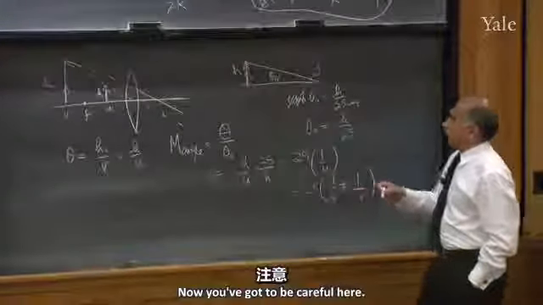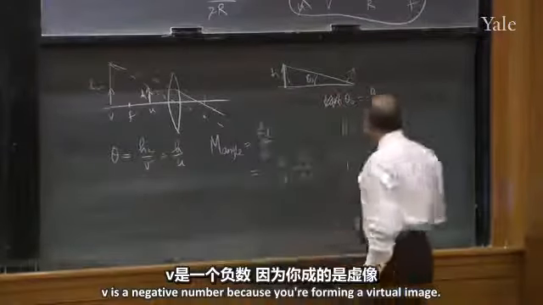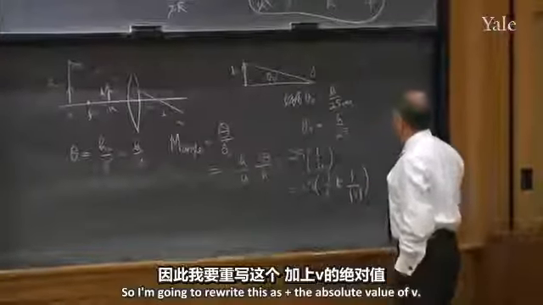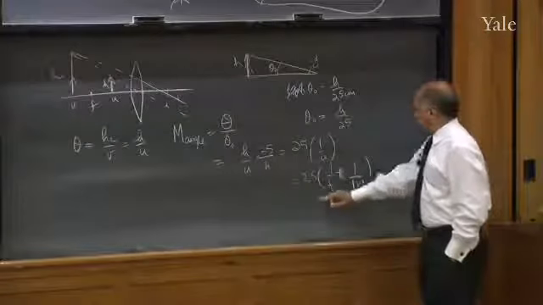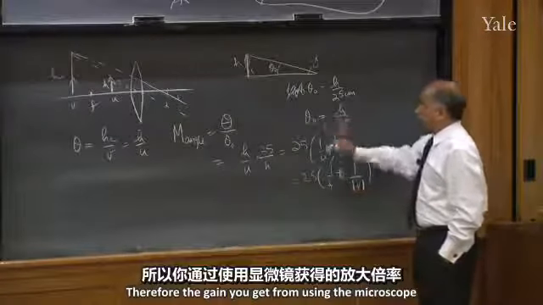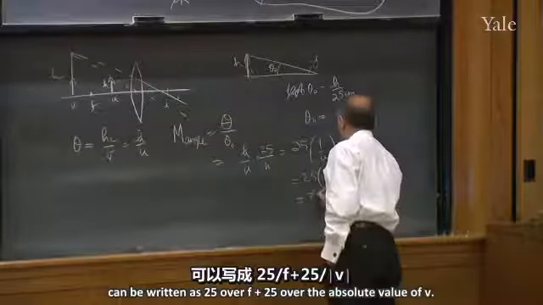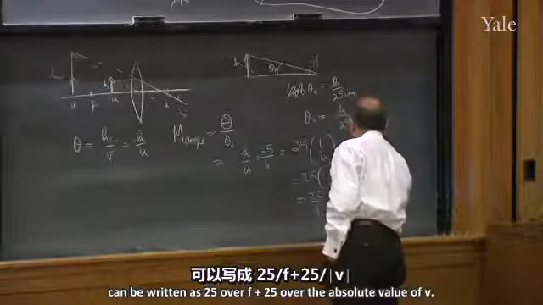Now you've got to be careful here. V is a negative number because you're forming a virtual image. So I'm going to rewrite this as plus the absolute value of v. Therefore, the gain you get from using the microscope can be written as 25 over f plus 25 over the absolute value of v.